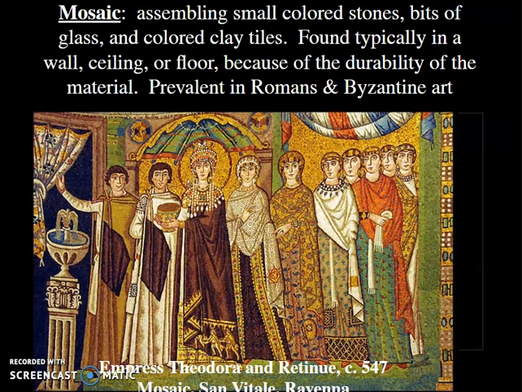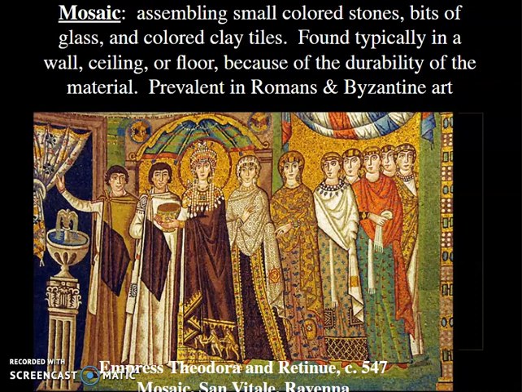Another medium that we will be seeing in our crash course into ancient artwork is the use of mosaic. This is where you are using very small little bits, either of stone or glass or clay. They are called tesserae, and all of these tiny little pieces are put together to create an image.